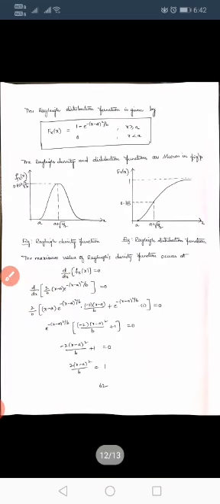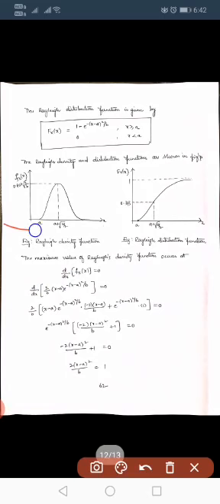Now let us see, the density function curve is this one. The maximum value is 0.607 into root of 2 by b, that is the amplitude value, and it appears at x equal to a plus root of b by 2.